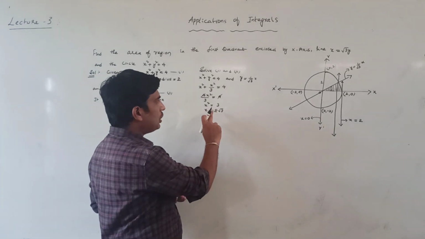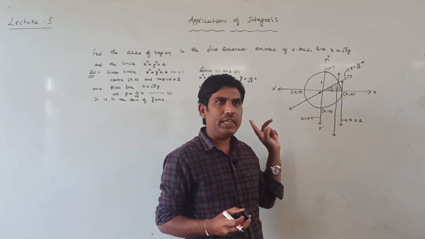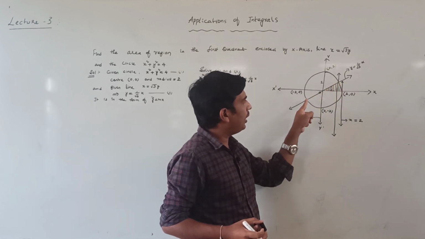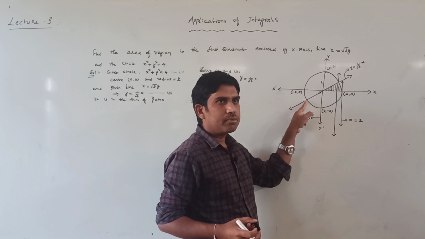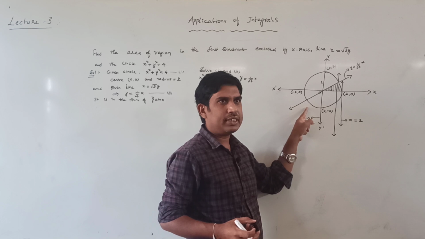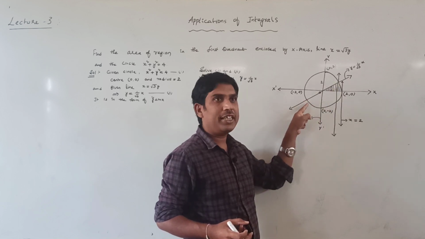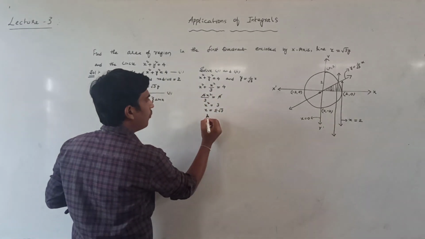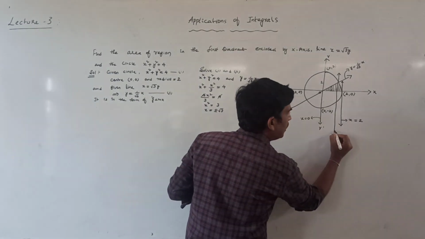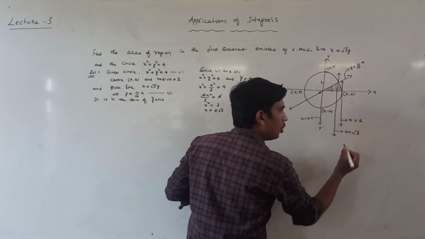So plus or minus root 3: in the figure, the line and curve intersect here and here. Here the two intersect, here the two intersect. But only this one is needed, this one is not needed. So what do we have to take? This is the line equation, x is equal to root 3.